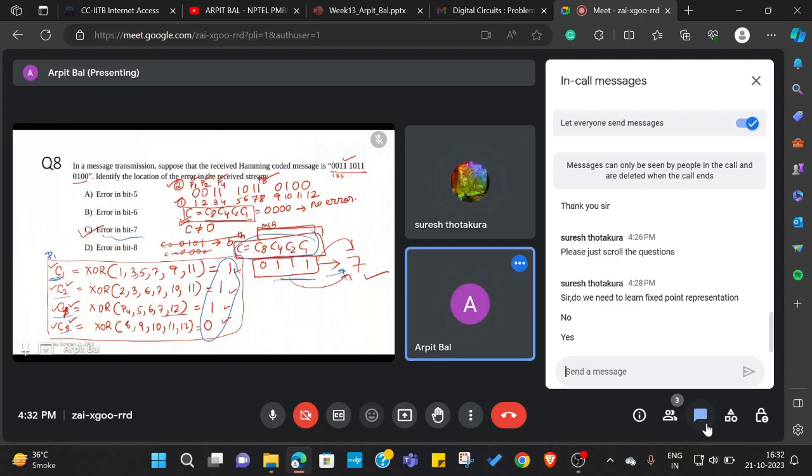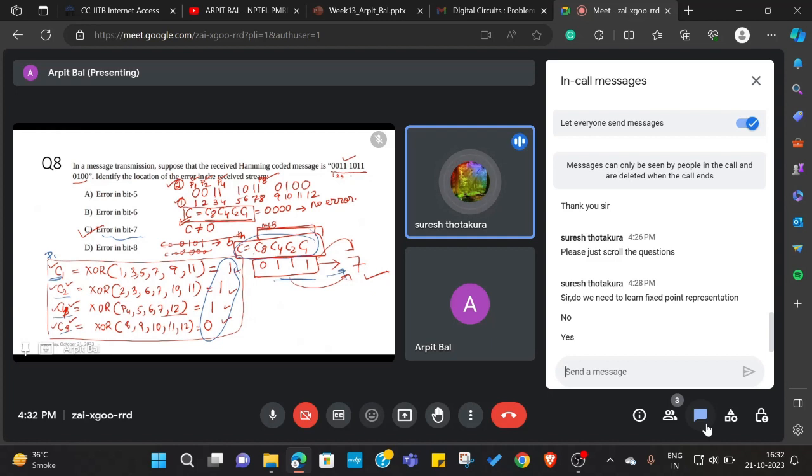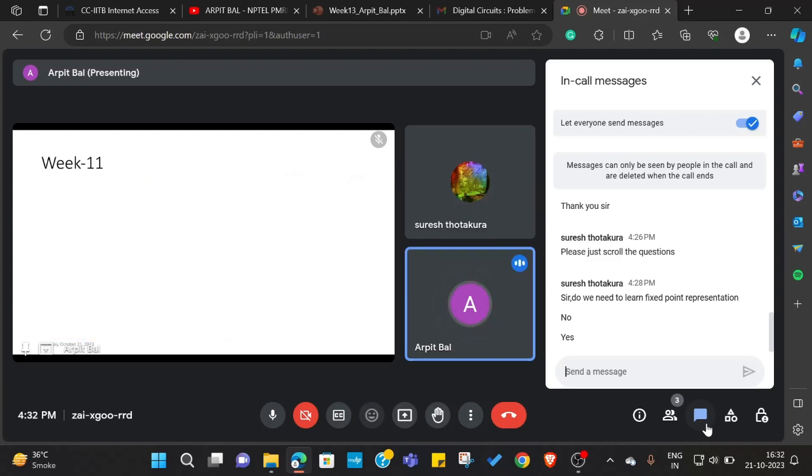If we get this C1, C2, C3, C4, then we will come to know which error it is. Week 10 was mostly, I think, semiconductor memories. So the memories part was mostly factual.